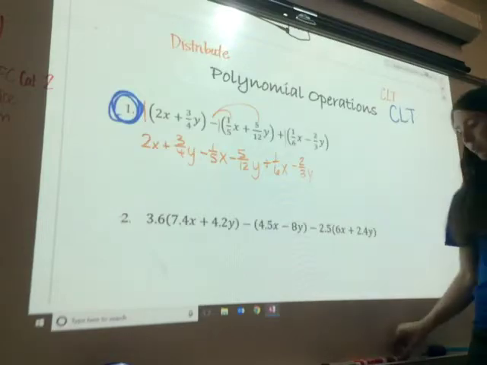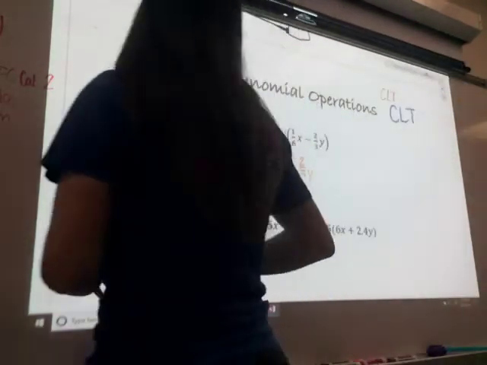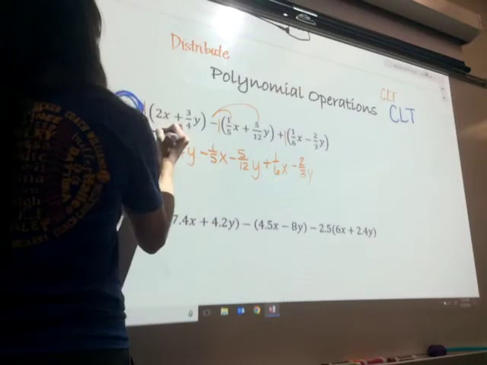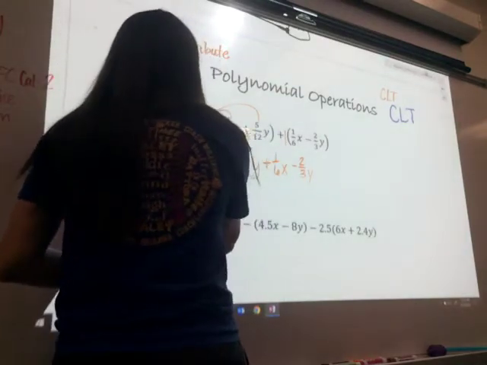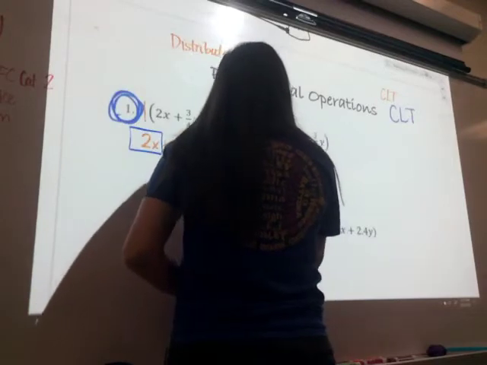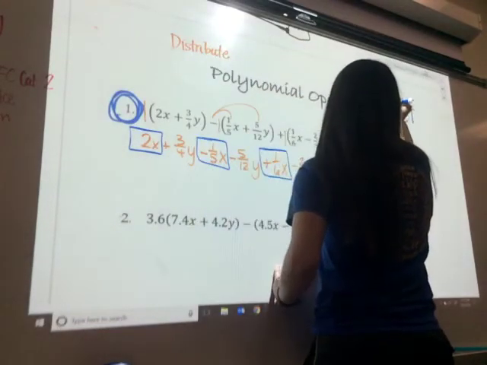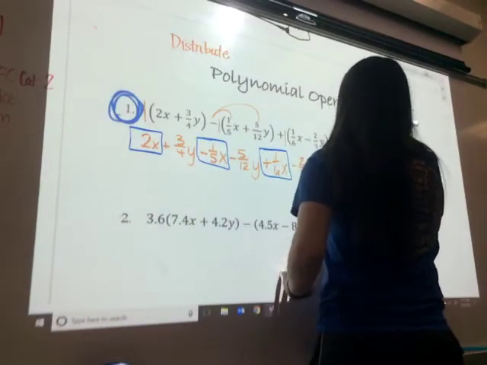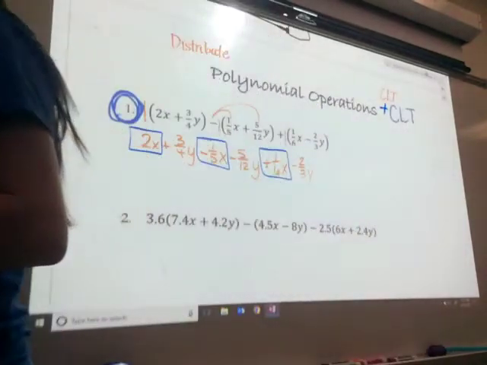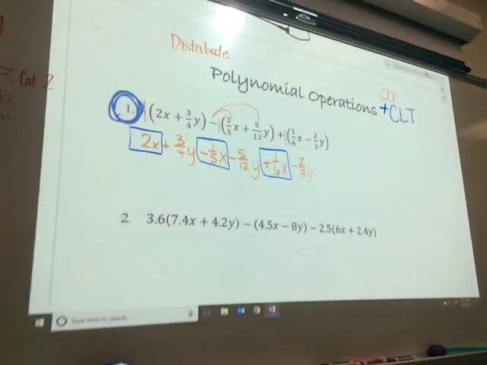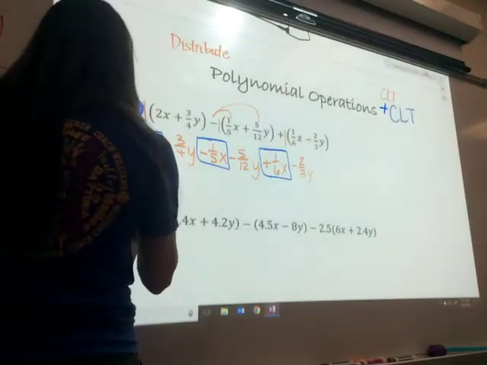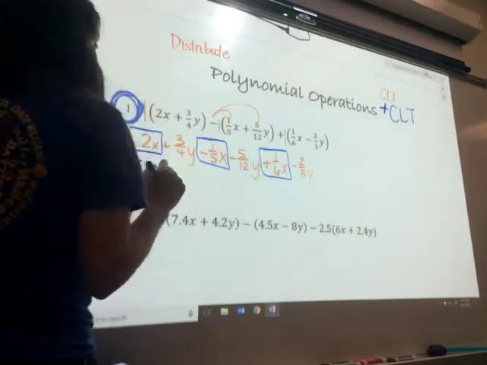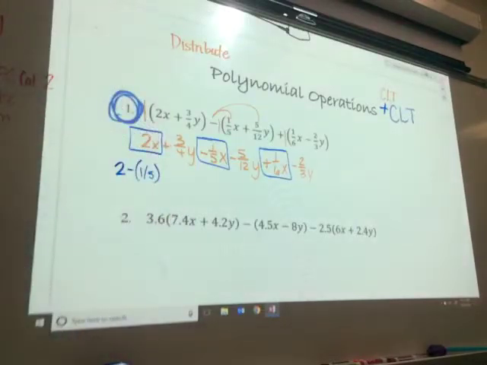Are we done distributing? Now what do we do? Combine like terms. So we need to combine all of our x's. When we're combining like terms, what do we do with the big numbers? Combine like terms just means to add. Okay, so in your calculator, you're just working with the big numbers. I want you to type in 2 minus 1/5, which has to be in parentheses because it's a fraction.